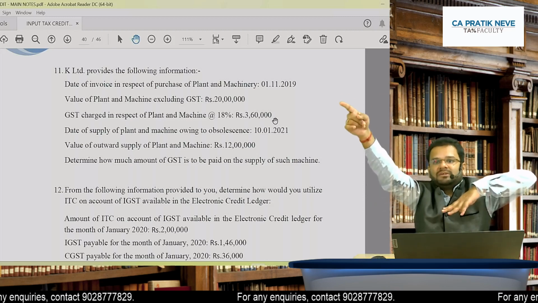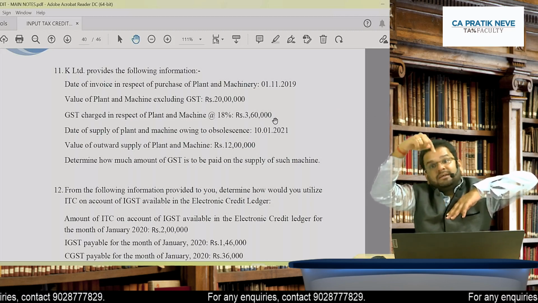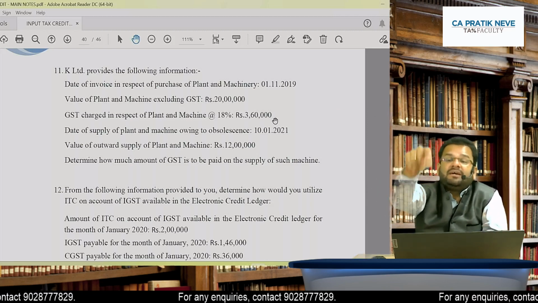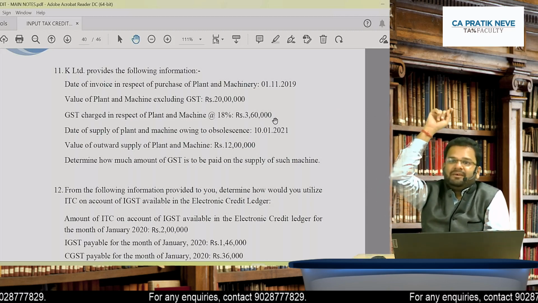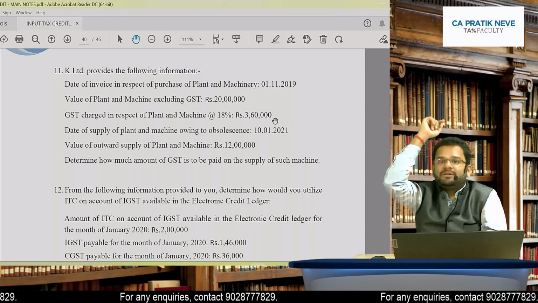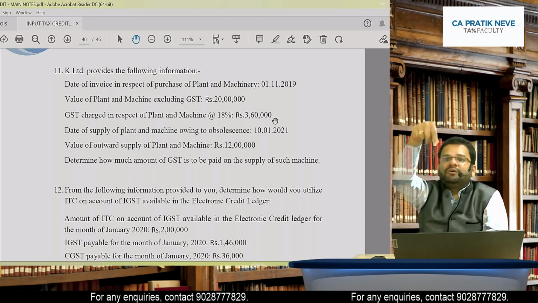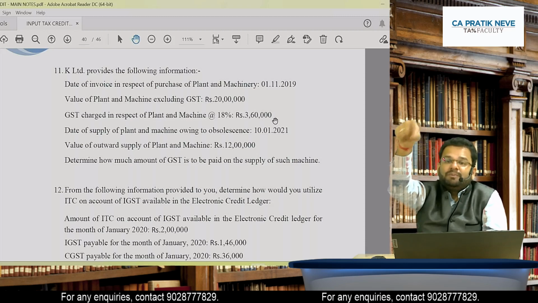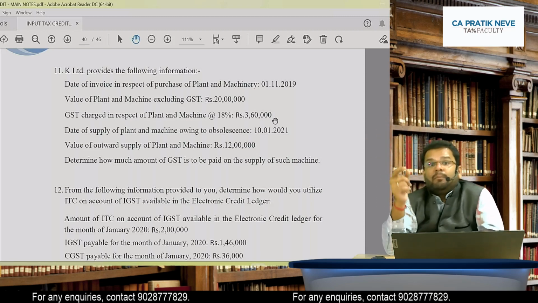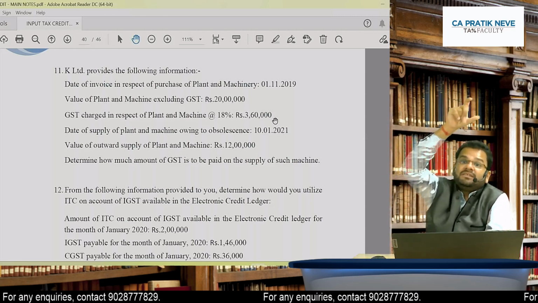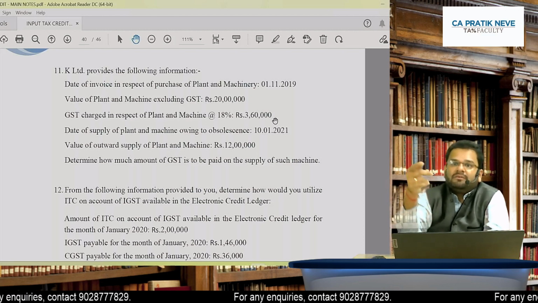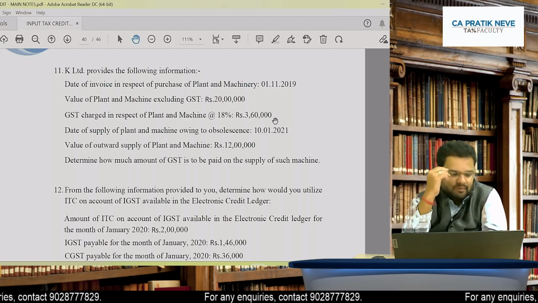My job worker. Still, can I claim ITC? Yes. Exactly this point was asked in CA Intermediate. I was wondering why it was asked in spite of being in section 19, but it has the principle of section 16 subsection 2 clause B's explanation. That's why it was asked.